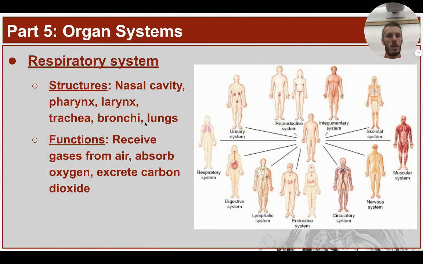Okay, so the goal is to bring in air, so the oxygen, but also to keep out some of the nasty stuff, and that is going to be responsible, some of the tissues along the way to help to trap some of that stuff so it doesn't get down into your lungs. Okay, so you want to bring in oxygen and you want to give off the carbon dioxide that you will make through cellular respiration.